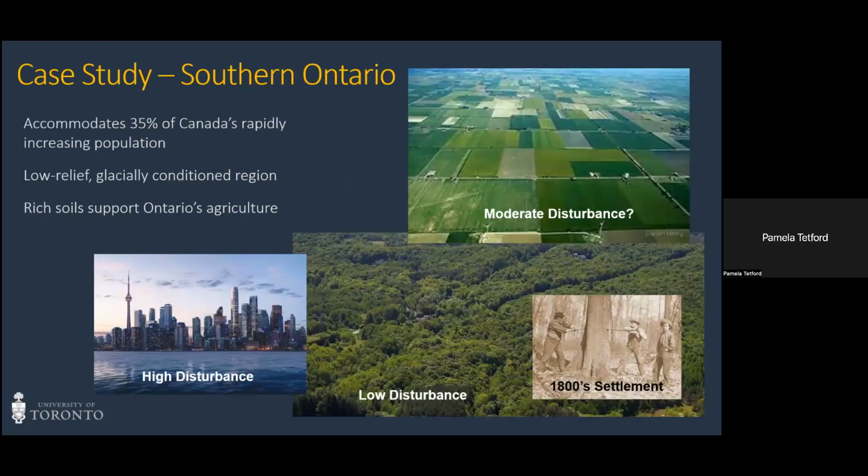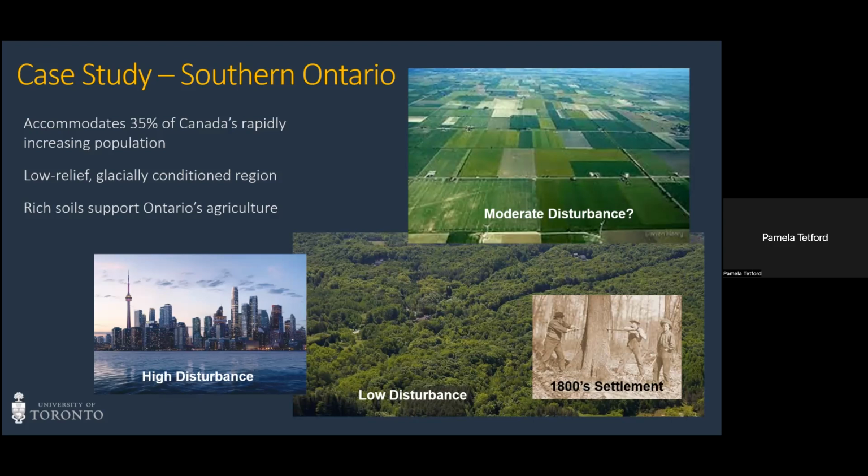So our study takes place in Southern Ontario, which accommodates approximately 35% of Canada's rapidly increasing population. But the urbanization is in a clustered format. It's not right across the region. We have a low relief in comparison to out west or in Quebec.